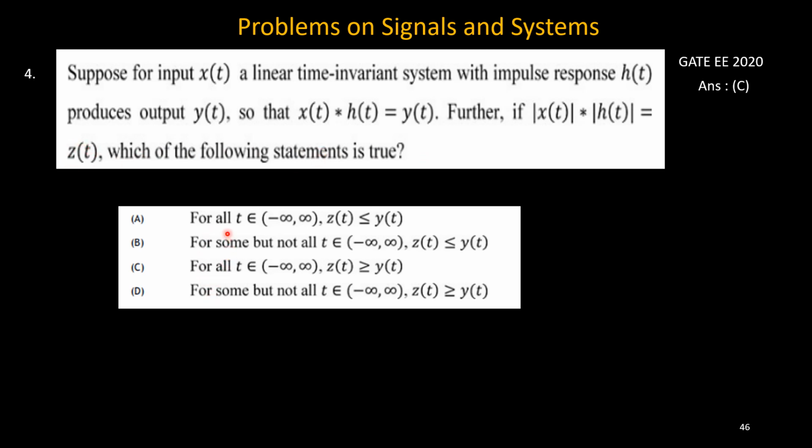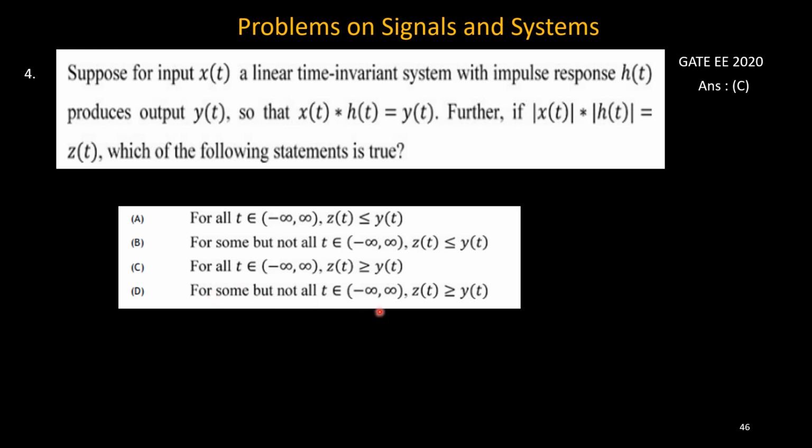The first choice: for all t, z of t is less than y of t, or for some but not all, z of t is less than y of t. The third choice is z of t is more than y of t for all t, and the fourth choice is z of t is more than y of t for some values but not for all.